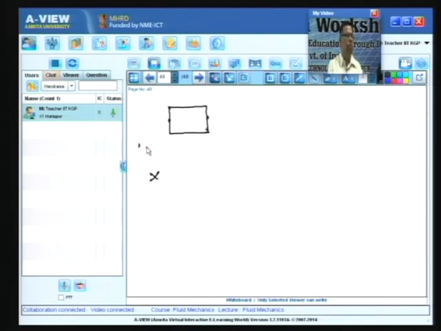So, let us say this is sigma x x at this point, which we are calling P, and if I call this point Q, the stress will be in this direction.